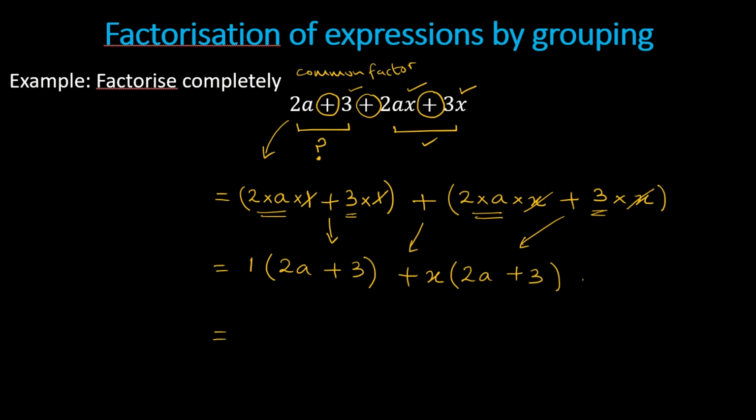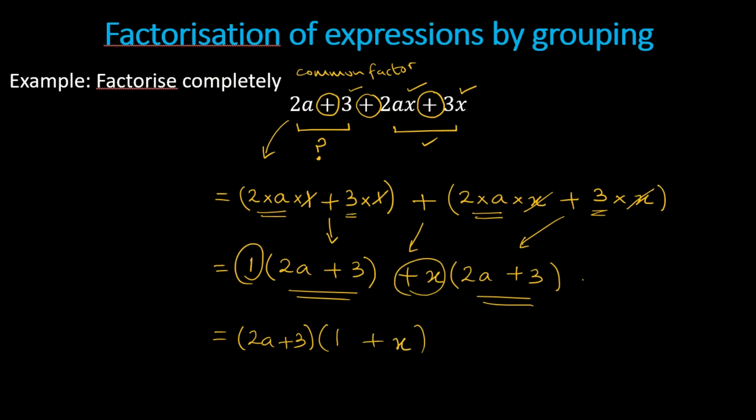So we have 2a plus 3 appearing twice, meaning 2a plus 3 is common. So we take out 2a plus 3 outside the brackets, and we are left with 1 plus x.